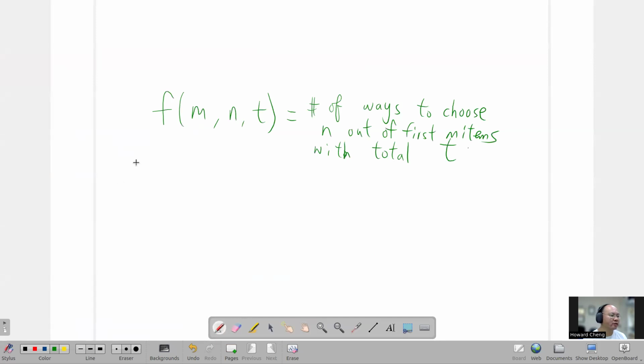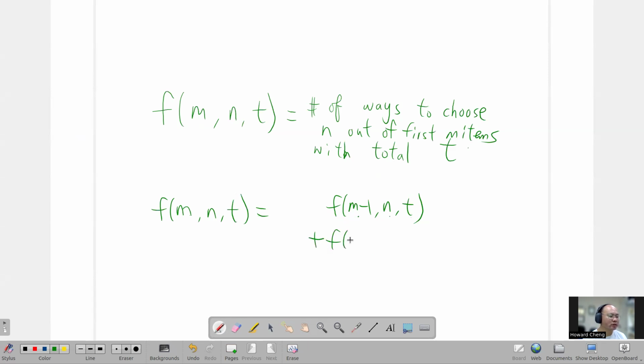And you can use the same kind of idea. So F of M and T equals either you choose the last one or you don't. If you don't choose the last one, you still have to form the same sum. You still have to pick N things, but you throw away one of the items.